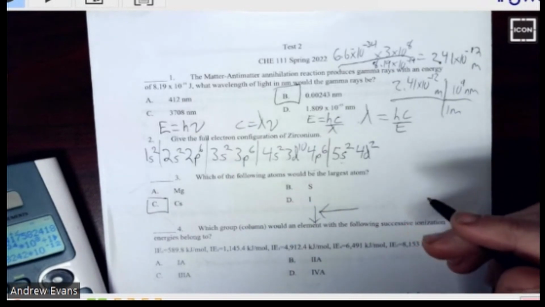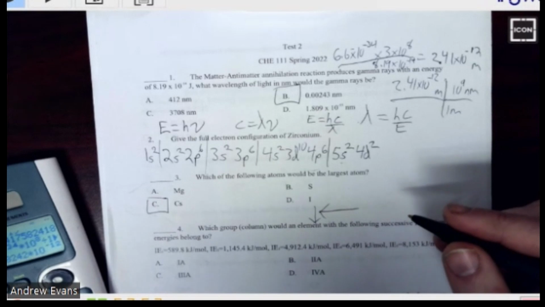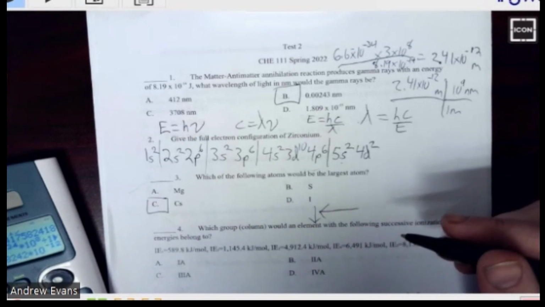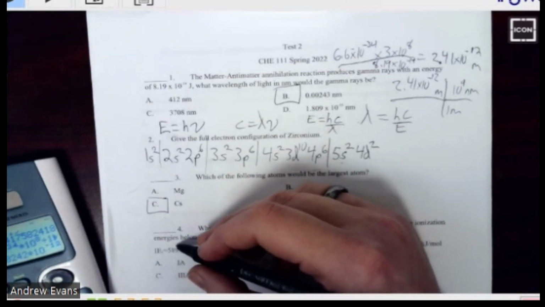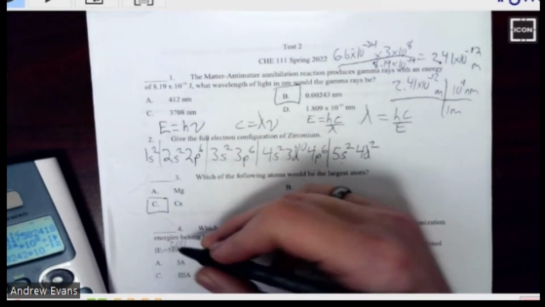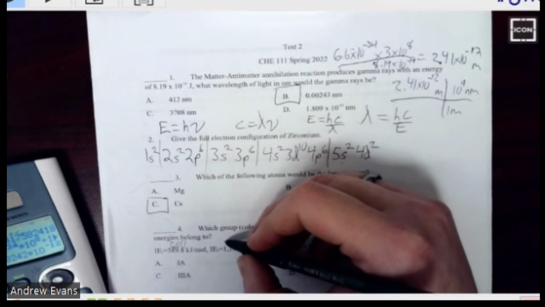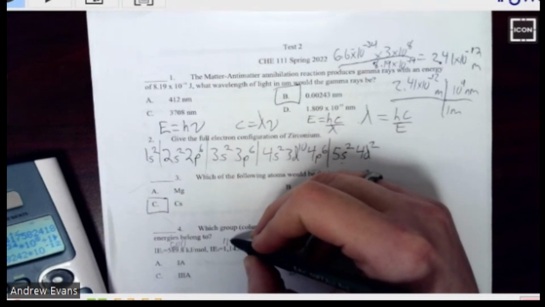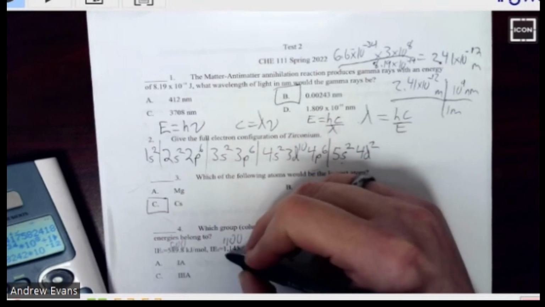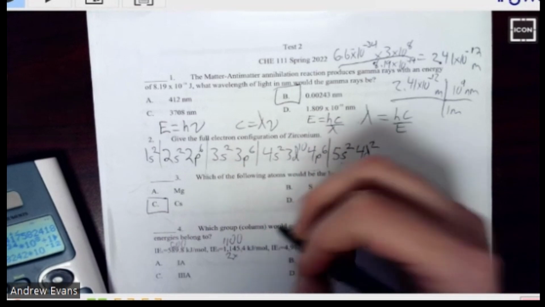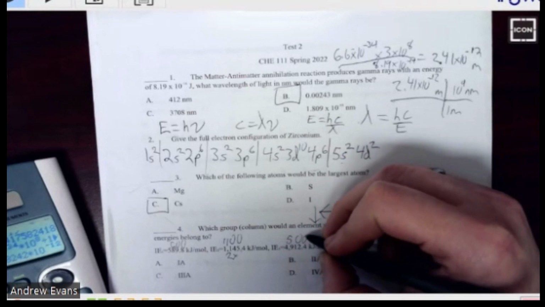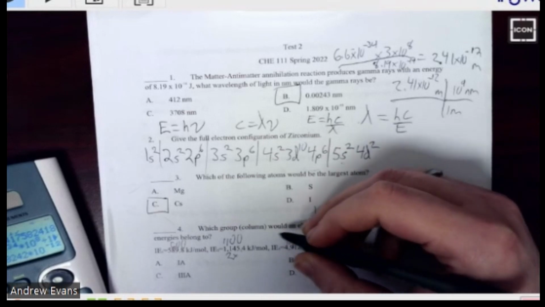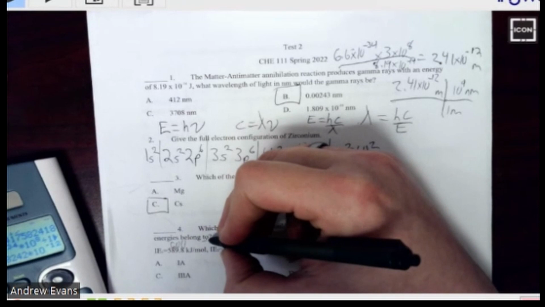Now, next one is probably one of the trickier ones. Which column would the element with the following successive ionization energies belong to? The first loss is about, we'll just say, 600. The second loss is about 1100, but essentially 2 times the first one. This one is about 5,000. So the difference here is about 600.